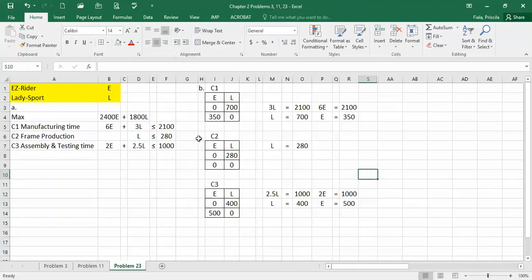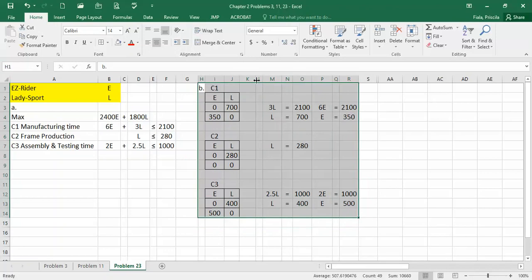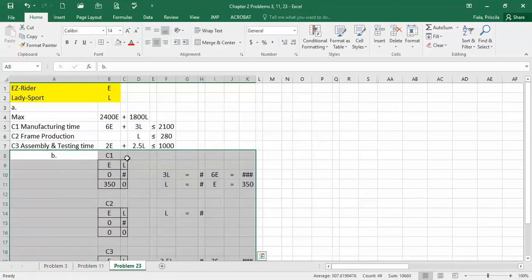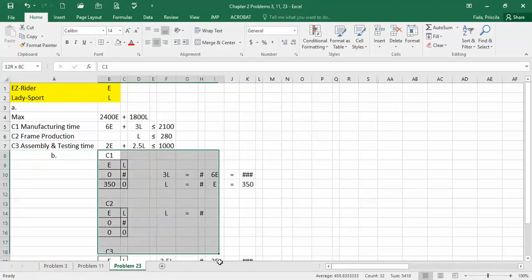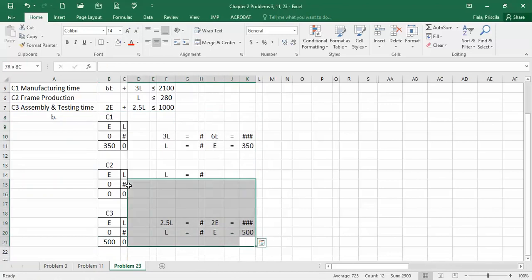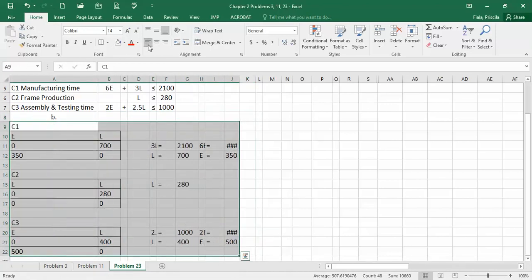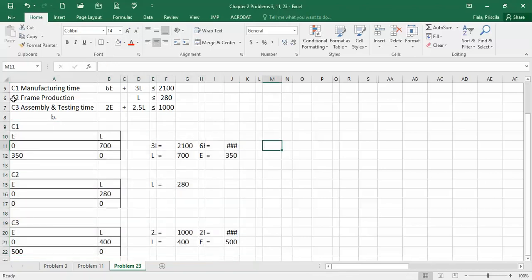Now that we have these constraints, I'm going to move them all the way down here, so you can see it better, which is letter B, correct? I want to move them over here. I cannot make this smaller because of these labels right here, but that's fine.